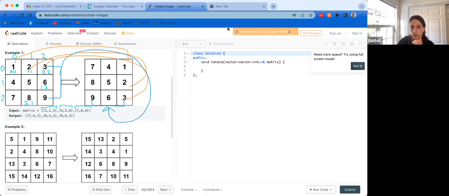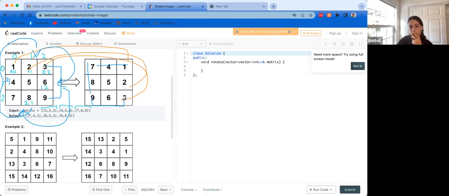This edge here is going to get flipped down to the bottom. This edge here, 9 8 7, is going to get flipped up to the top. There it is, 9 8 7. 7 4 1 goes up here. 1, 2, 3 is over here.